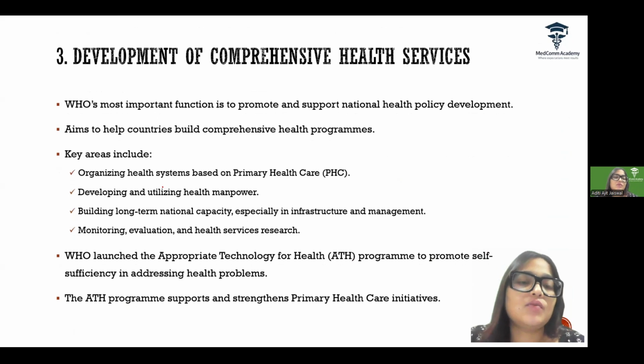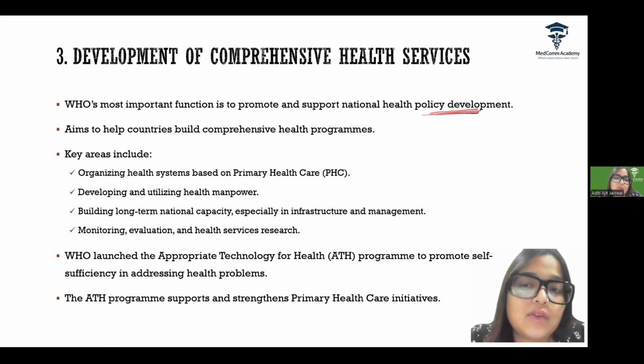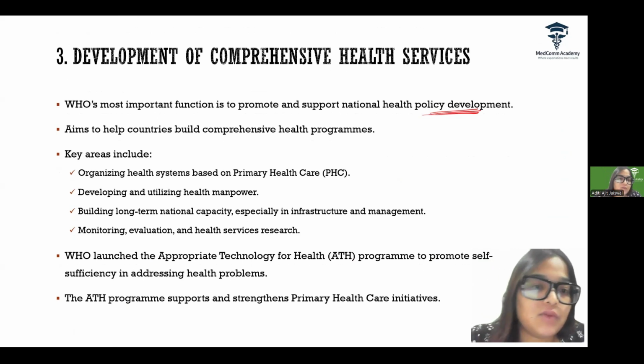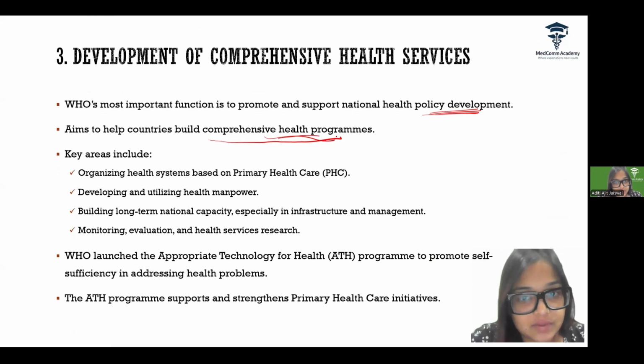Okay. Then was D. B is biomedical research, C is cooperation with other organizations, D is development of comprehensive health services. So WHO's most important function is to promote and support national health policy development. Once the problem is identified, one needs to develop the policies to combat the problem. Its aim is to help countries build comprehensive health programs.